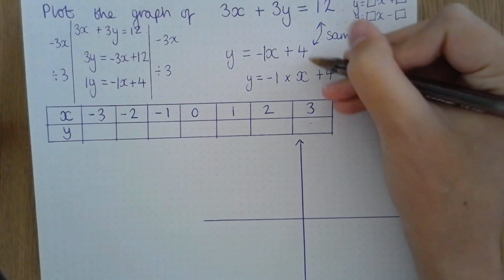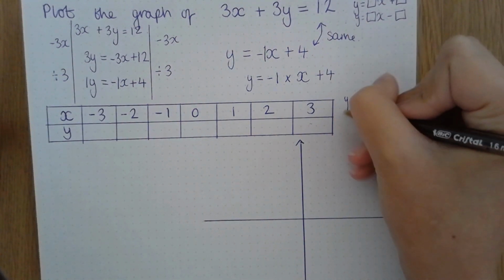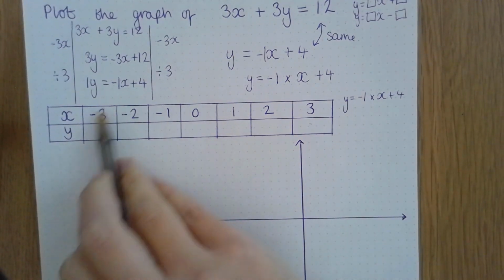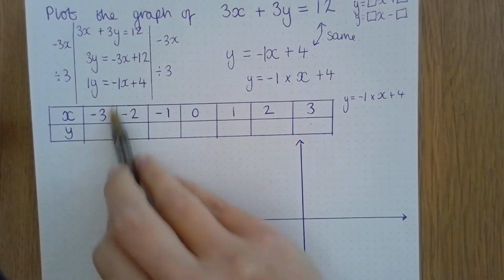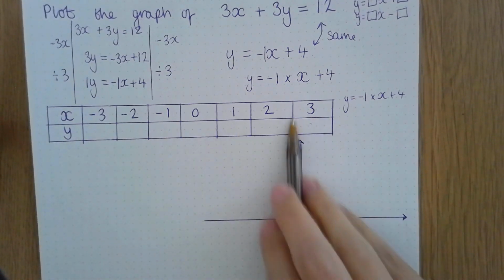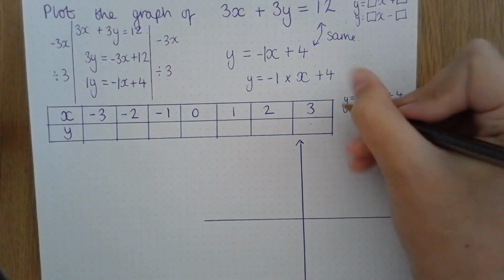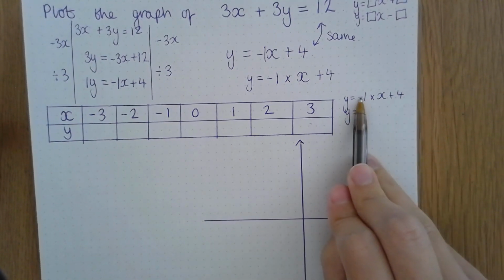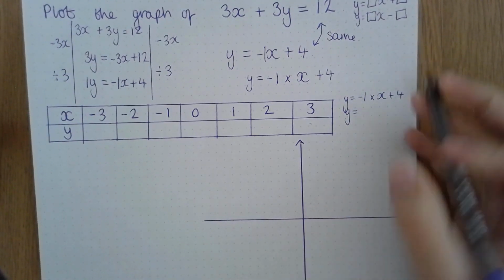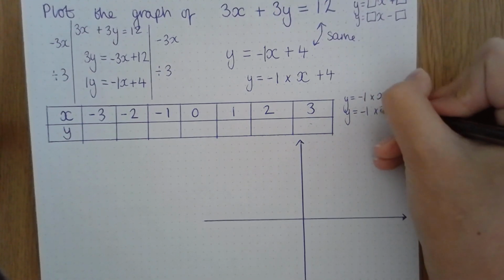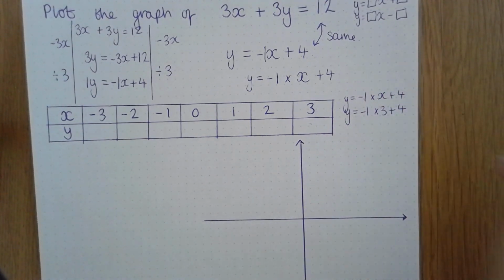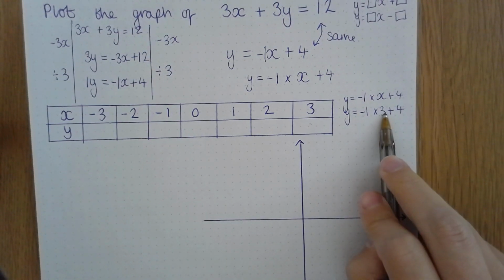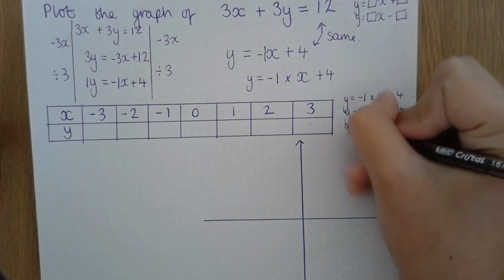We don't start down here because they're negative numbers, they're a bit more difficult. We'll start this side instead. So we've got y equals, our first x value is 3, so negative 1 times 3 plus 4. Negative 1 times 3 is negative 3. Add 4 is 1.